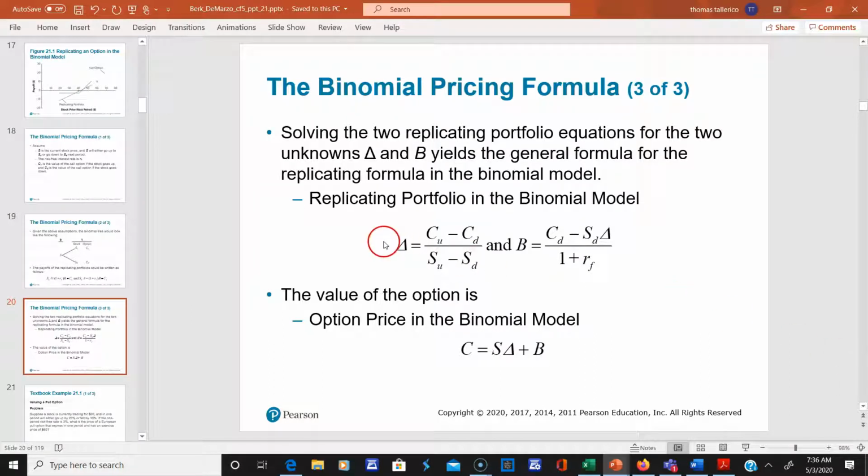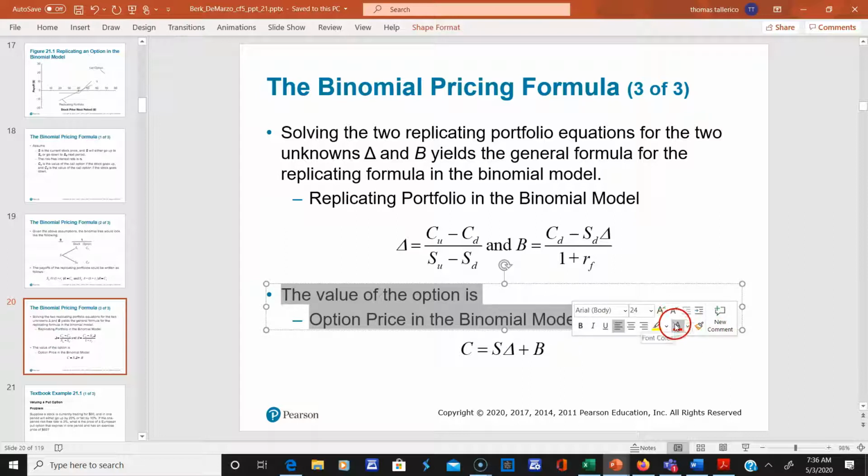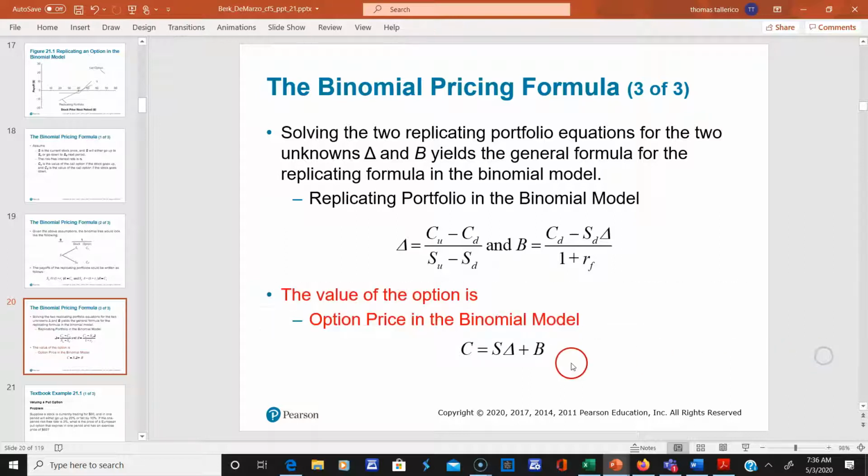And here they are generating the replicating portfolio in the binomial model. And here they are actually determining the value of the option in the binomial model. So again, this is done at the original time you bought the stock, and you want to know how much that respective call or put is. It's an important idea.